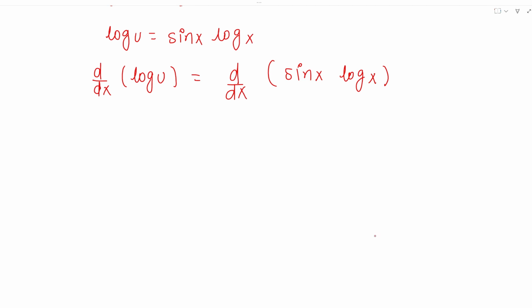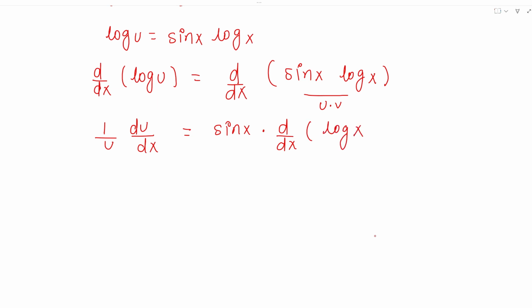Now differentiation of log u is 1 by u and du by dx equal to, here we use the uv rule, so sin x into d by dx of log x plus log x into d by dx of sin x.